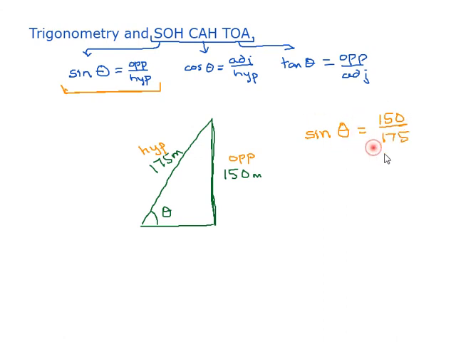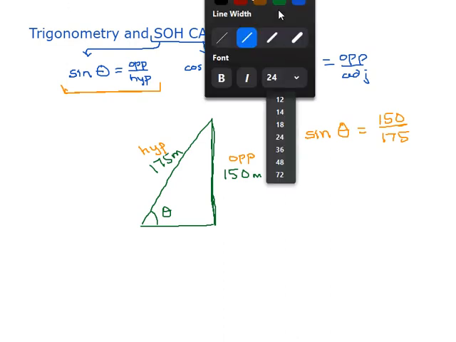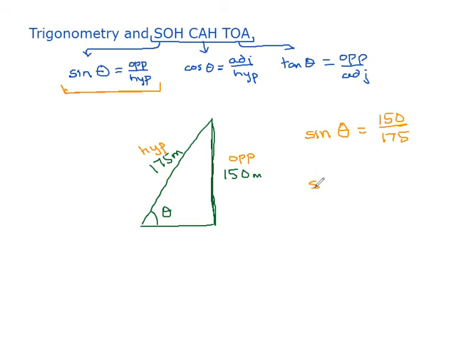All right, well, 150 over 175 is just a decimal. We can calculate that. 150 divided by 175 is 0.857. So now we have sine theta equals 0.857.